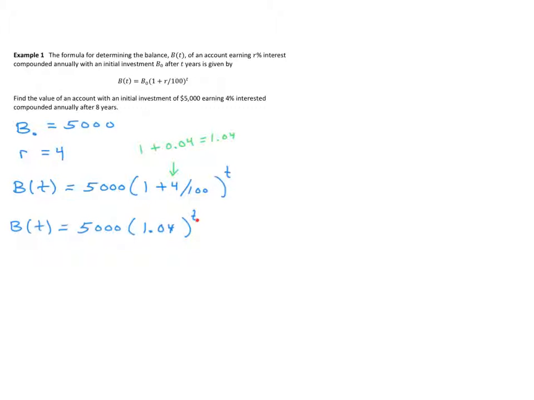The variable is in the exponent, the base is 1.04, and because the base is greater than 1, this exponential function should be increasing over time. That means we're going to multiply 5,000 by an exponential function that is increasing, meaning the value of your account is going to grow. It's not going to grow very fast, but it will increase over time.